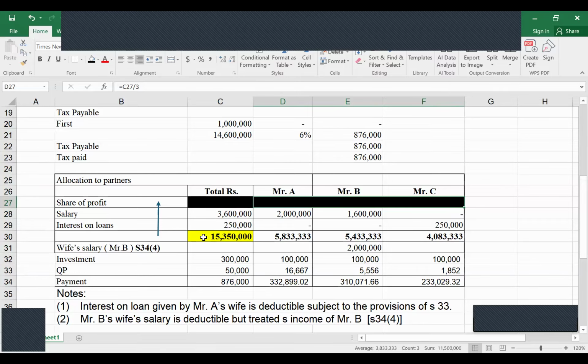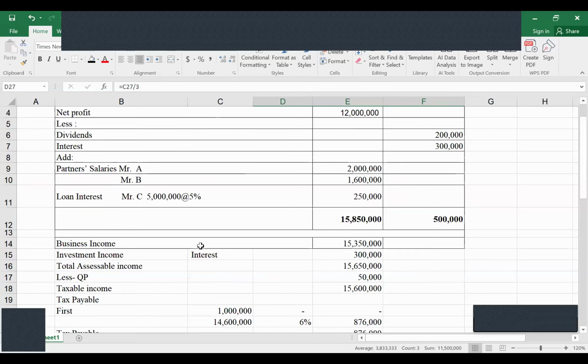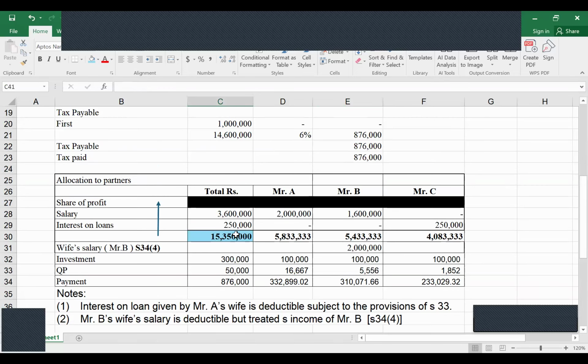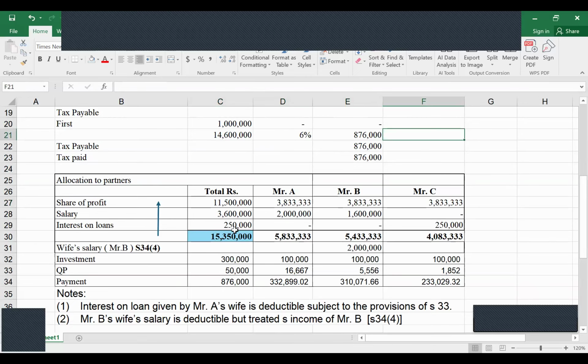Total cage figure also we know, because it is the business assessable income from business, this one, so we have to include it here. After including this one, we can fill the first line of total column, that is 11,000,005.